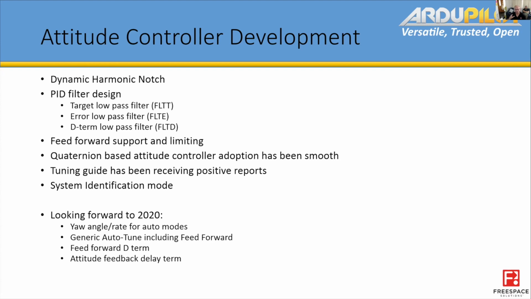I would like to try and get a generic auto tune, including feed forward tuning capability, in. This is one of those things that's going to require help from others. One of the critical things, I can do the auto tune.